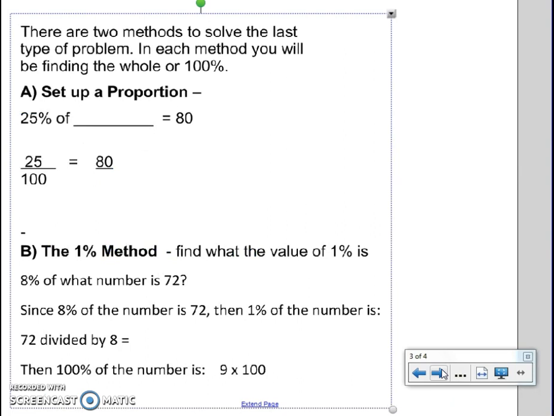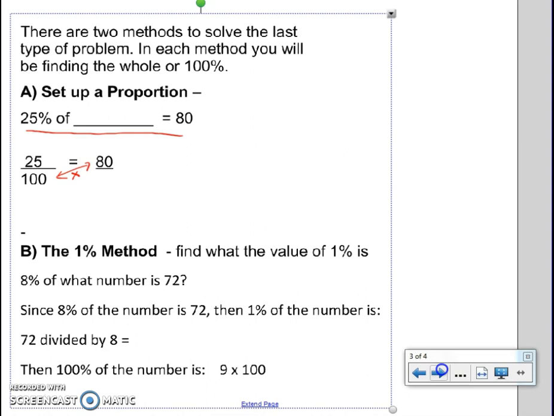So in the first one, setting up a proportion, again, we're recognizing 25% of what is 80. So I'm finding this whole. I want to know what is 100%. So if I'm going to do a proportion, I have 25 over 100 equals 80 over, sorry, 80 over what? We're trying to solve that. So I know that I can cross multiply and divide this.